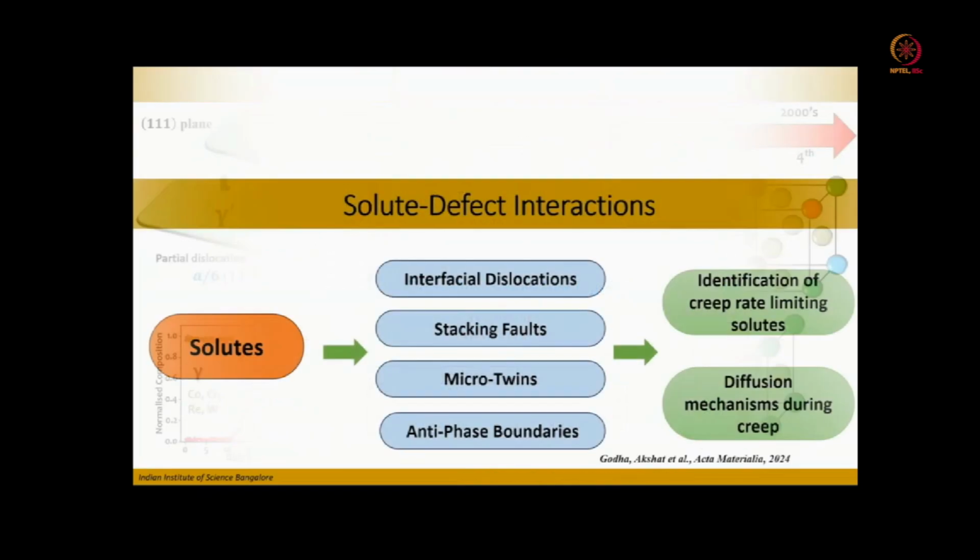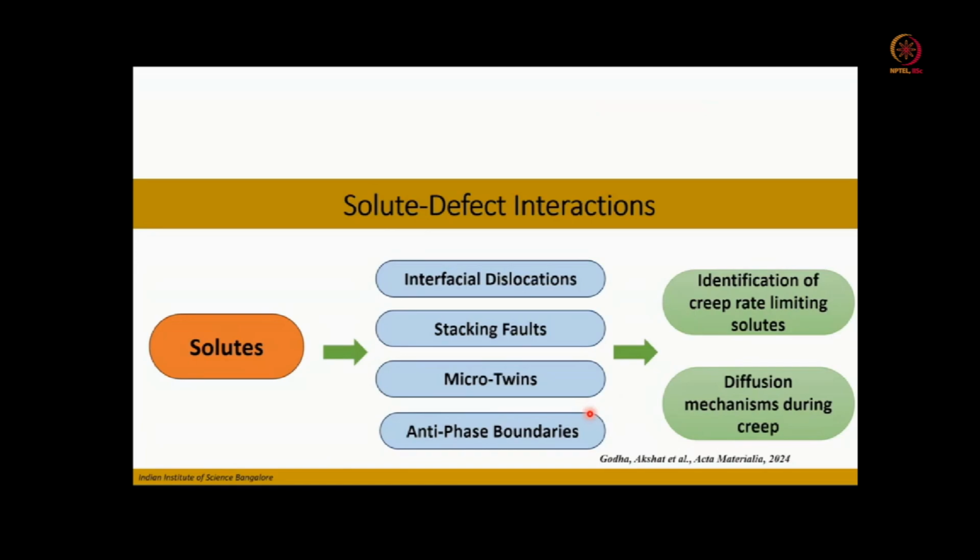Okay, so with this, I just introduced that the experiments which my student Akshat has carried out are the correlative use of tomography and electron microscopy to understand the solute-defect interactions. These defects are interfacial dislocations, stacking faults, microtwins, and antiphase boundaries.